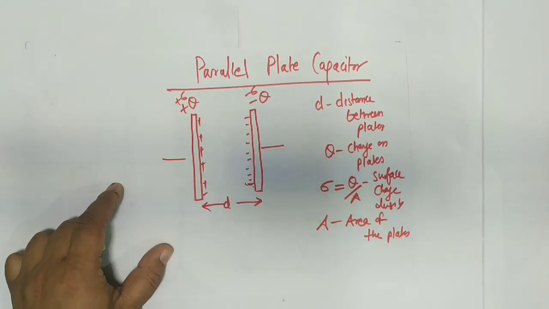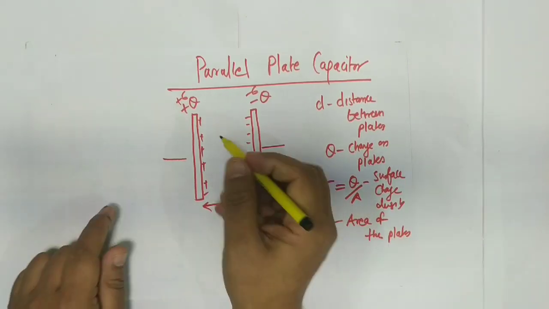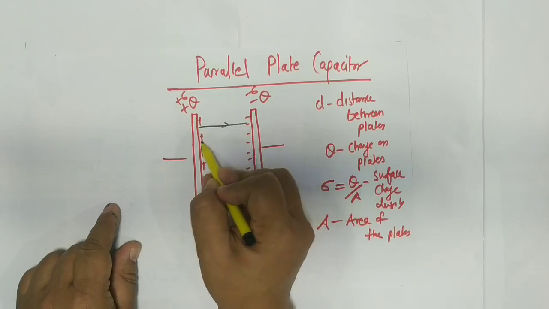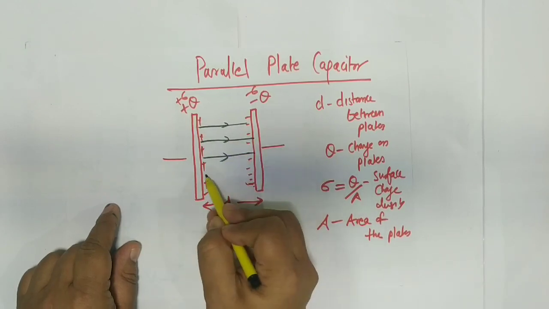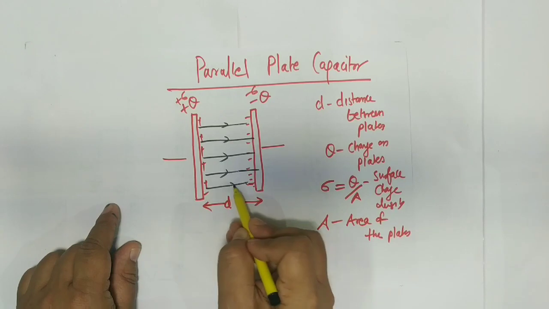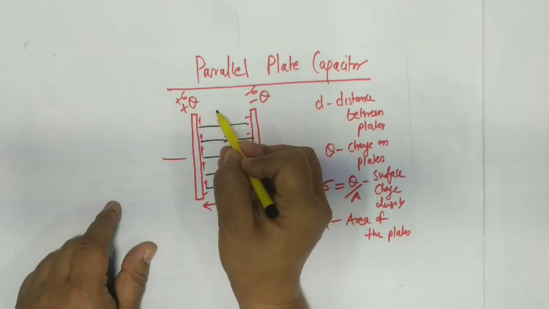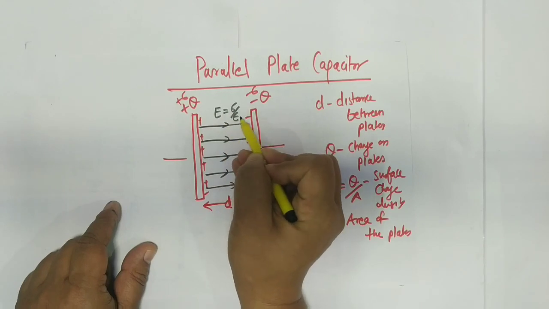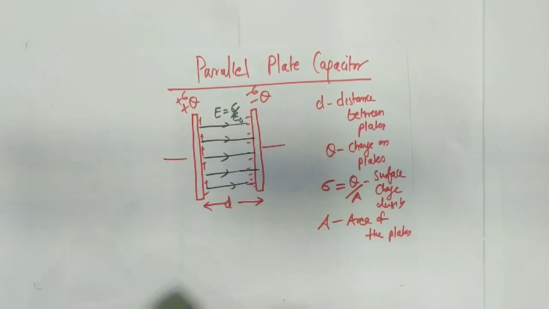And you remember the electric field lines, they will move from positive to negative. And by Gauss theorem, we have already calculated that the electric field between the plates will be sigma by epsilon naught. This we have done in Gauss theorem application. So this is a parallel plate capacitor.